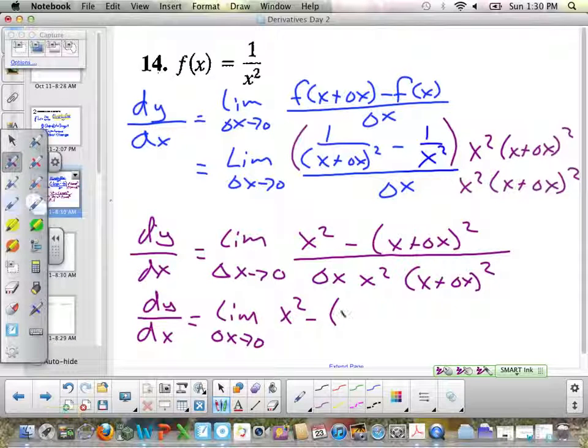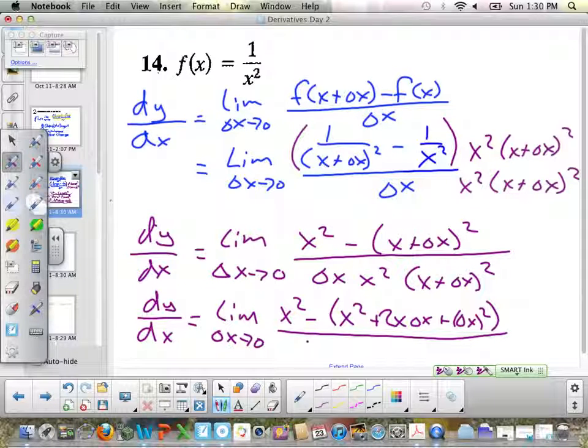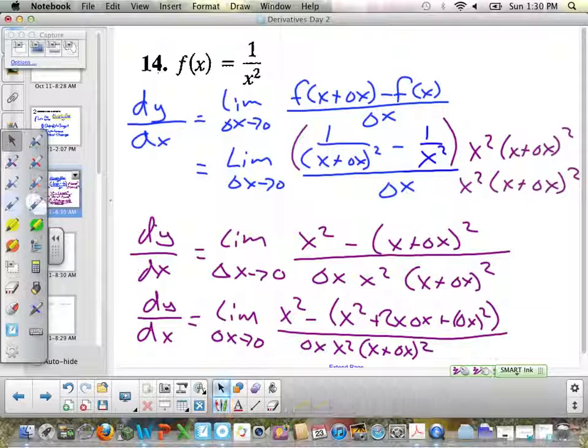You can use your FOIL on that. We get x squared minus, sorry, plus 2x delta x plus delta x squared, all over our denominator, delta x, x squared, x plus delta x squared.